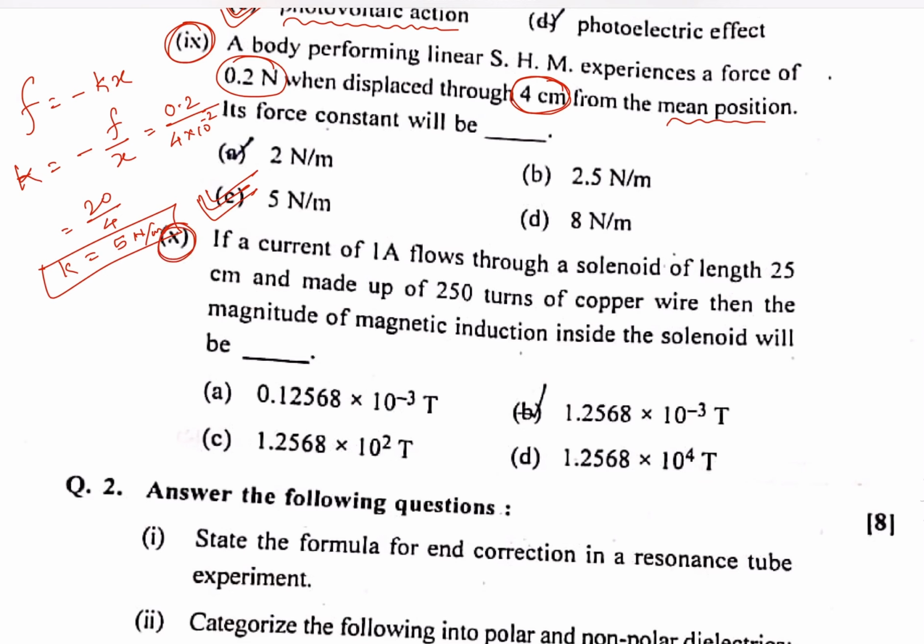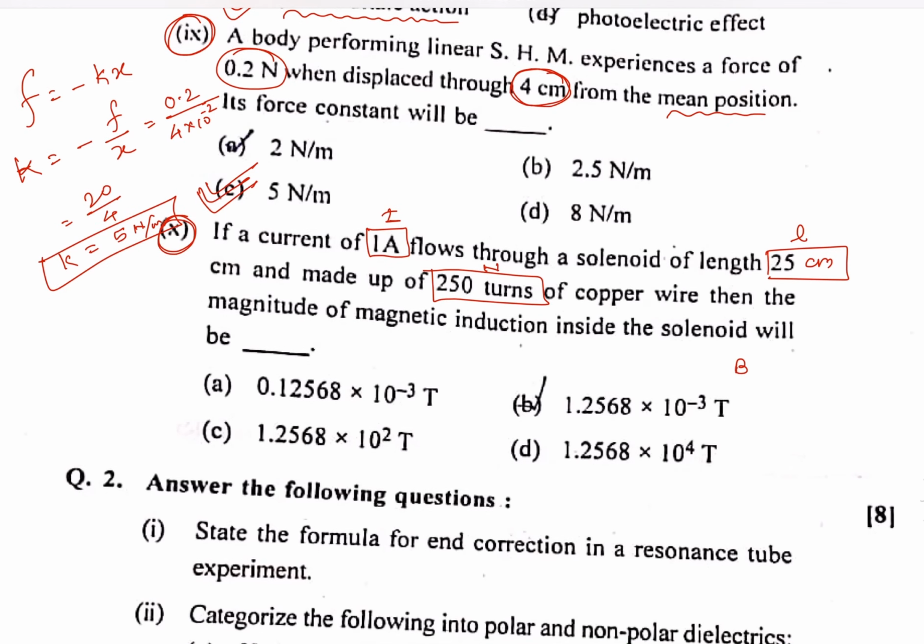Now question number 10. If a current of 1 ampere, so I is 1 ampere, flows through a solenoid of length 25 centimeter, made up of 250 turns of copper wire, then the magnitude of magnetic induction inside the solenoid will be. The magnitude of magnetic induction is given by the formula mu 0 nI.